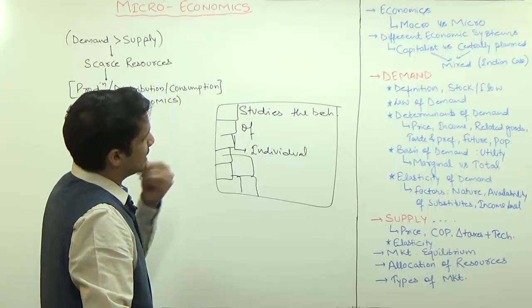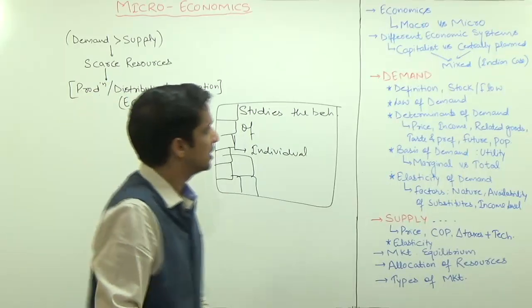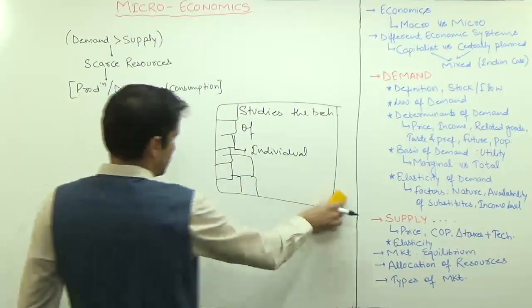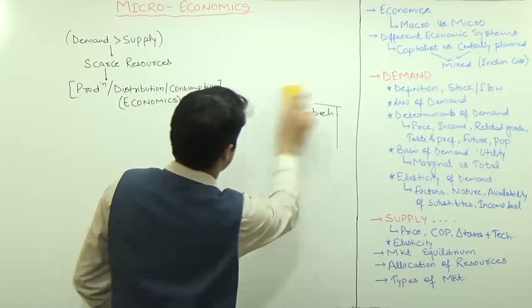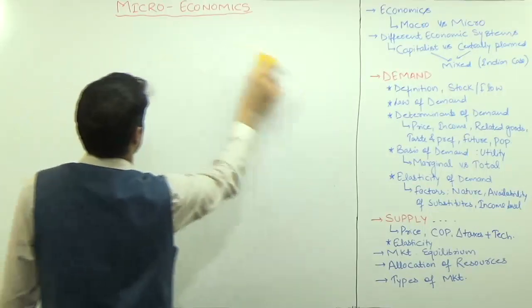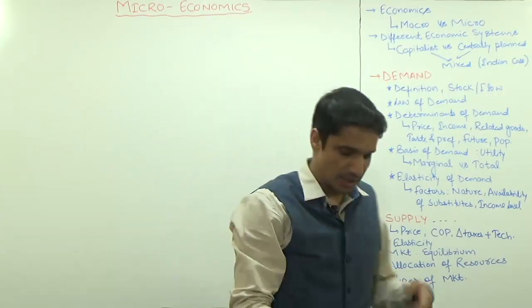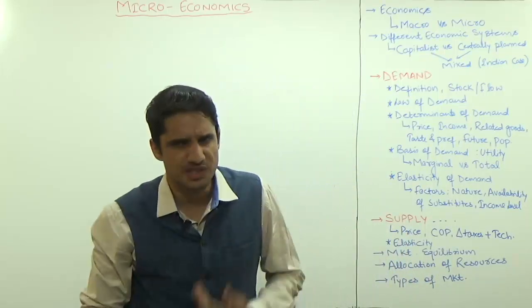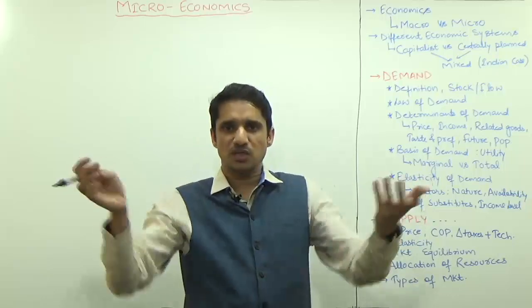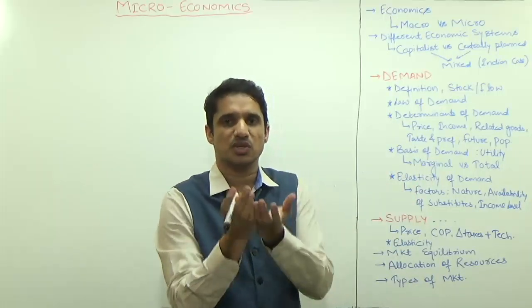Then the next thing is the different economic systems that exist across the world. All of us know that USSR was disintegrated in 1990. Earlier in USSR there was the communist system. Under that communist system, the full natural resources belong to the society.